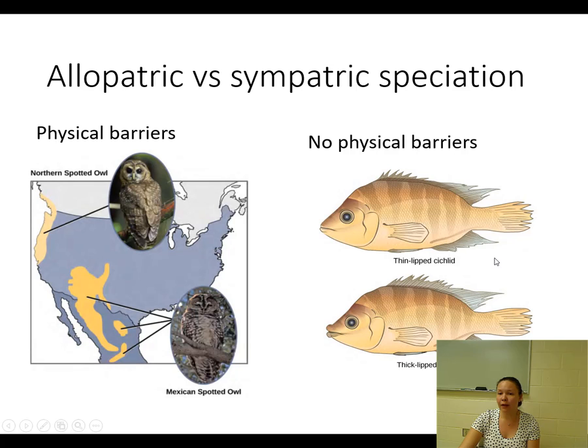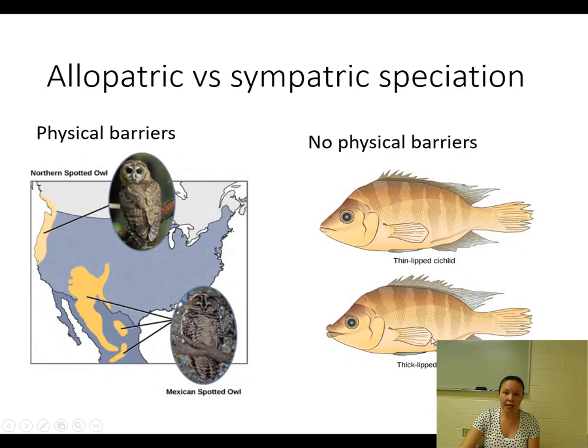When you have an aquatic organism like this fish, and a genetic mutation occurs in the midst of the parent population where there's no physical barrier, let's say this one genetically mutates to have a different shape of lip, then you can potentially get a new species.